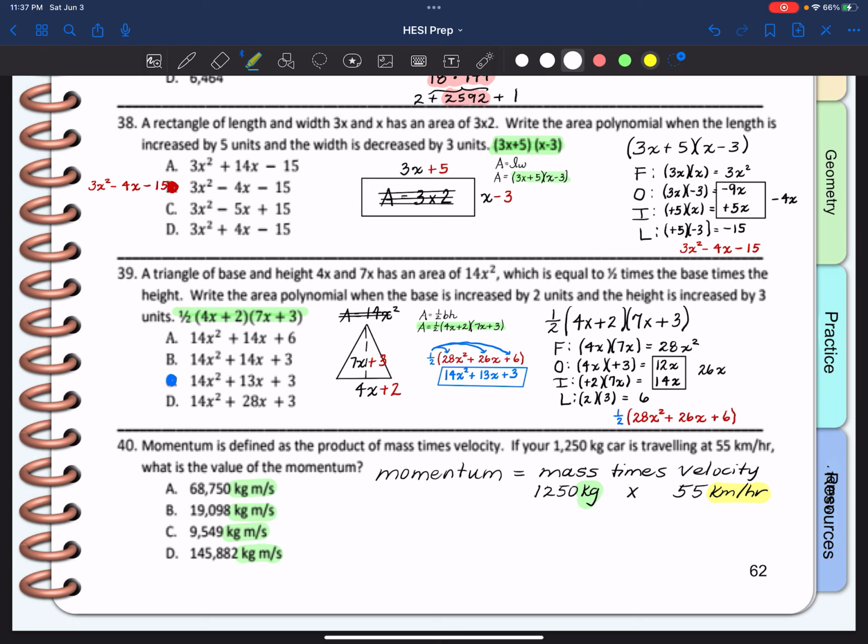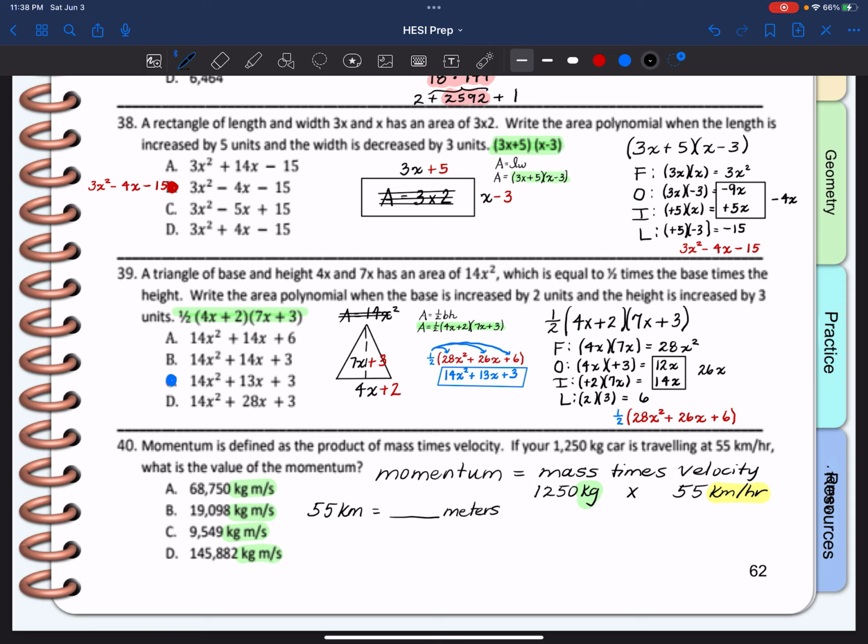So we're going to have to convert kilometers to meters and then hours to seconds. So here's essentially what we're doing. We want to say 55 kilometers equals blank meters.